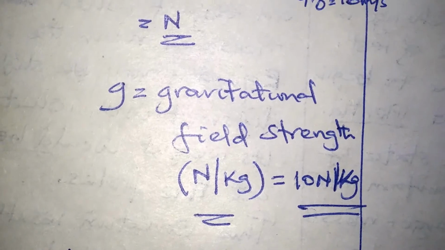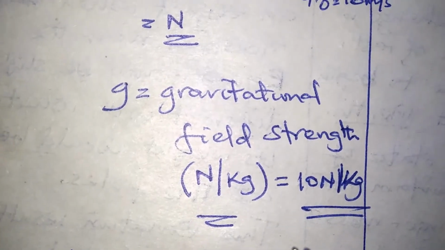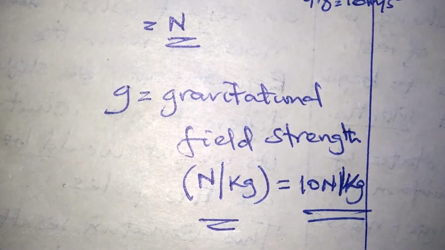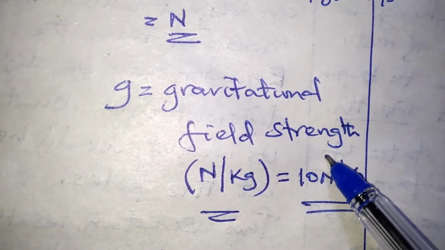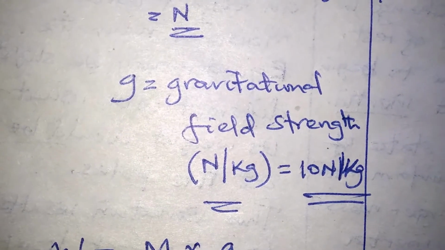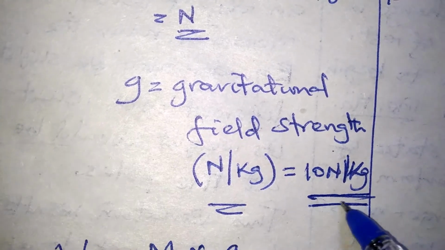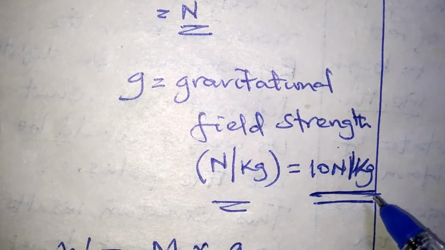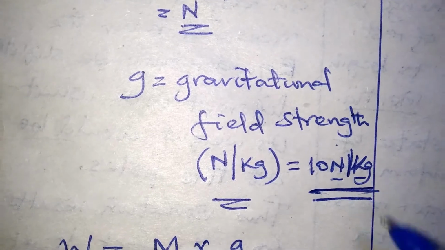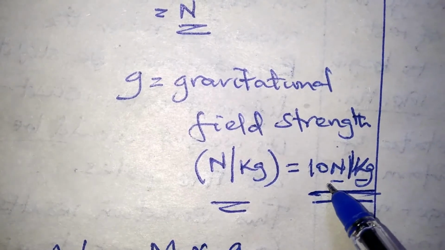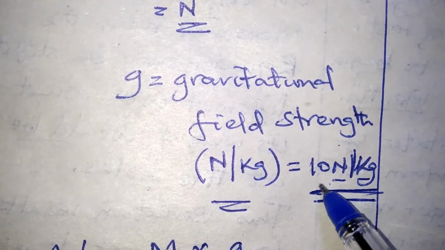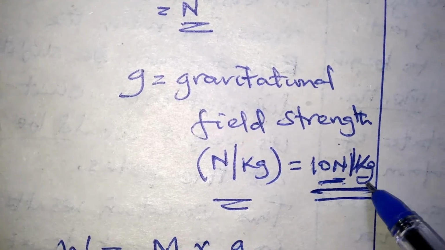Likewise, we can think of acceleration due to gravity as being related to the gravitational field strength. The same value, 10, can be used, but in this case we talk about it in terms of Newton per kilogram. So the gravitational field strength is measured in Newton per kilogram.